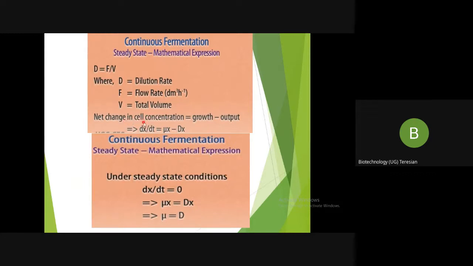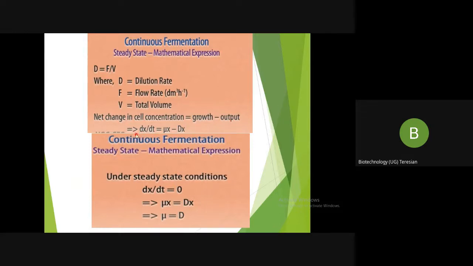The net change in the cell concentration is equal to growth minus output. That is what we said at the start: in steady state, the formation of new biomass is equivalent to the loss of cells from the vessel. So there is a net change in cell concentration because new growth is happening, minus output, that is, some of the cells have been removed from your fermenter.